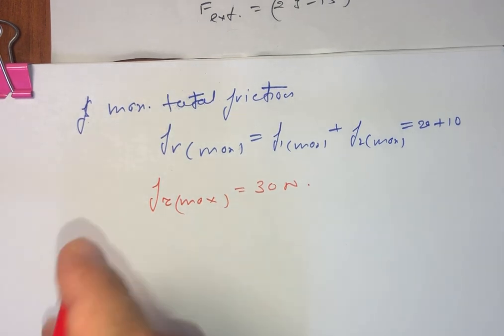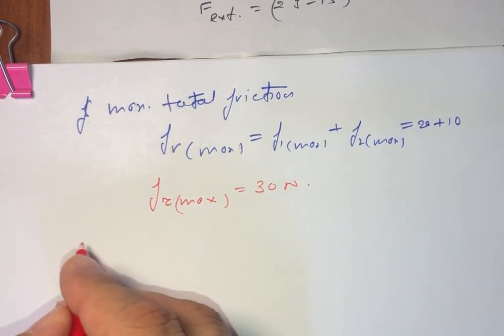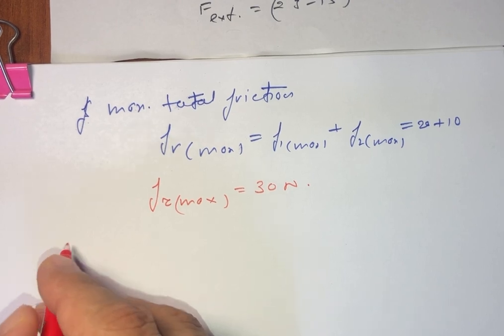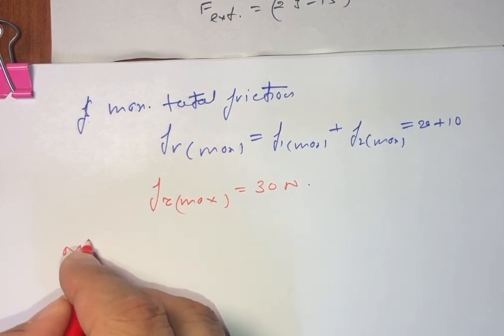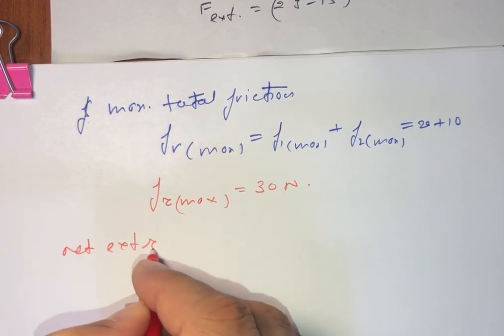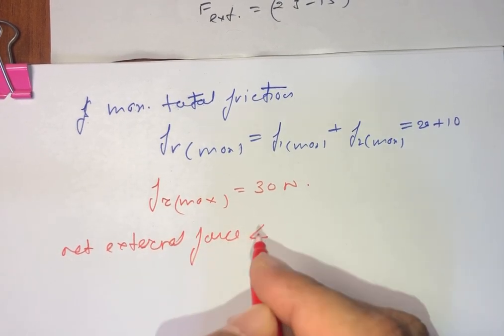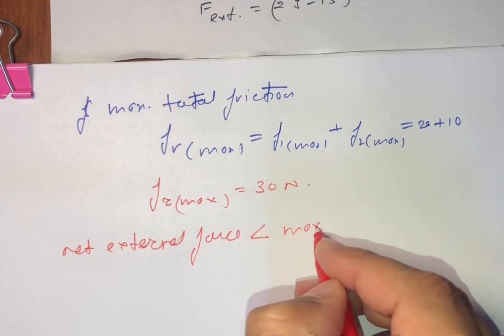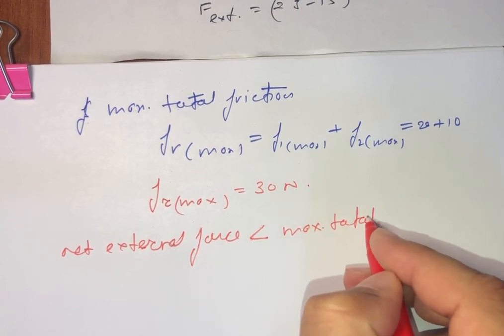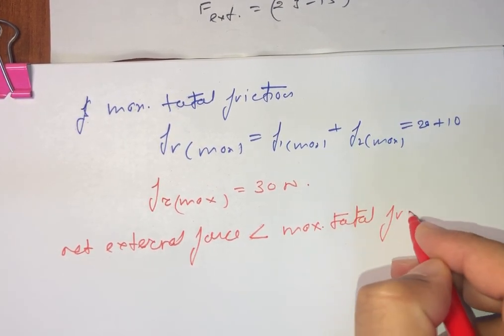So from here we can make the comparison between the net external force and the maximum total friction. We can clearly see that our net external force is less than the maximum total friction.